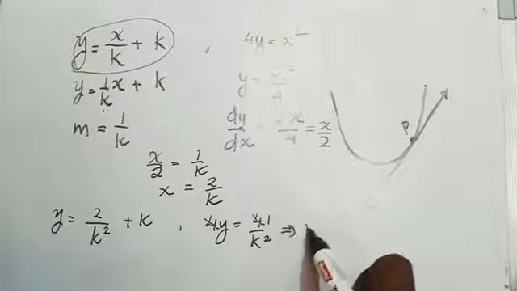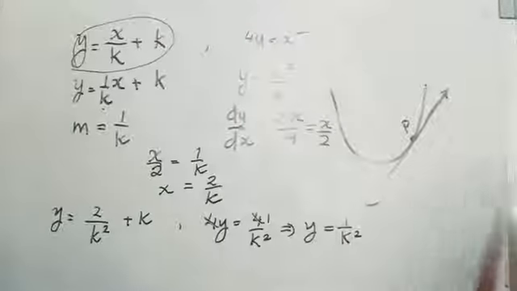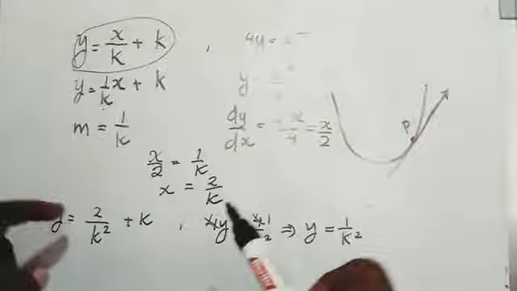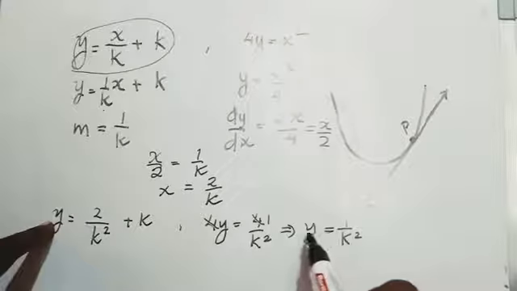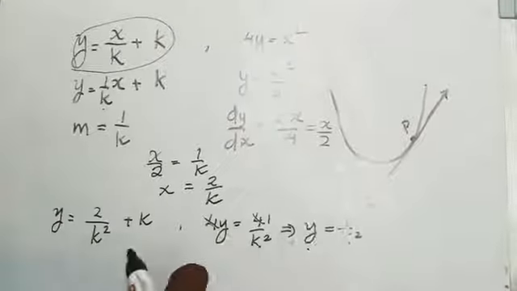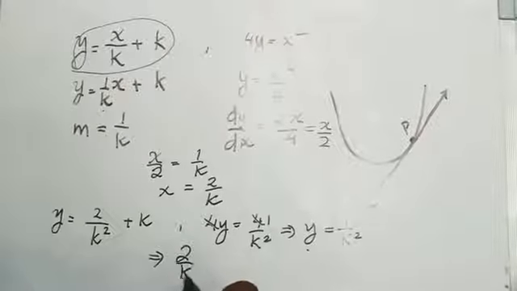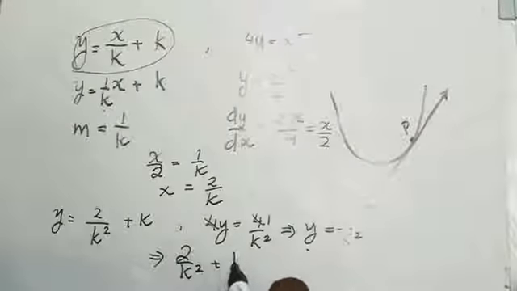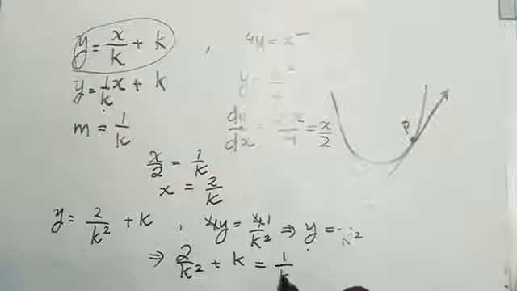We get y is equal to 1 by k squared. Now this equation has left hand side y, and this one also has the same left hand side. Yes, so we can write it as 2 by k squared plus k is equal to 1 by k squared.